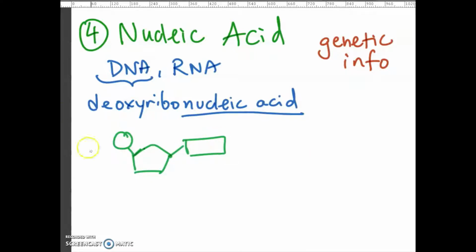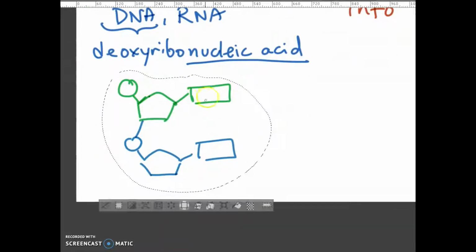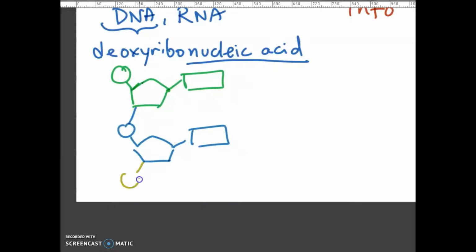That's one monomer. This is another monomer. And then if we add another one down here to make 3, let's do that right now. That would be another monomer. So even though they're a little bit more complicated and have multiple parts, this one still here is a monomer called nucleotide.